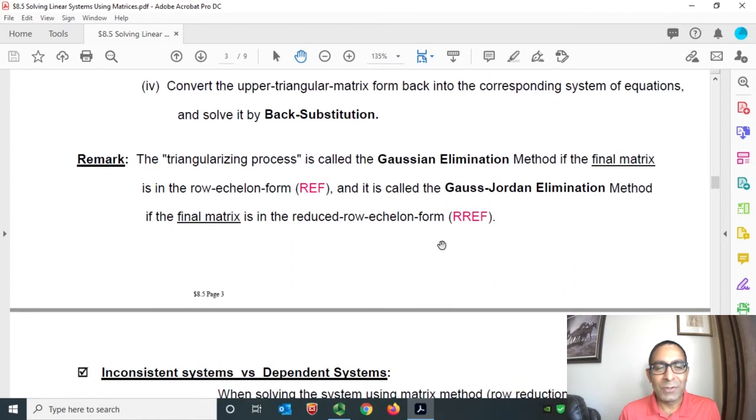Next, quick remark: the triangularizing process is called the Gaussian elimination method if the final matrix is in row echelon form, and it is called the Gauss-Jordan elimination method if the final matrix is in reduced row echelon form.